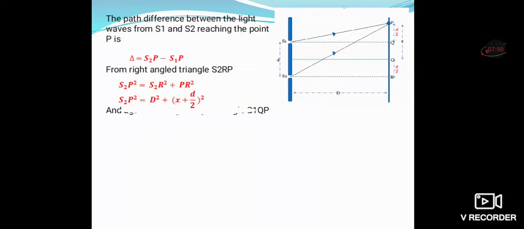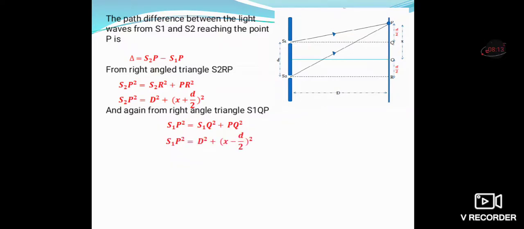Next step, again we consider the right angle triangle S1QP. Observe in the diagram, S1QP is one right angle triangle. Again we apply the Pythagoras theorem: S1P square is equal to S1Q square plus PQ square.